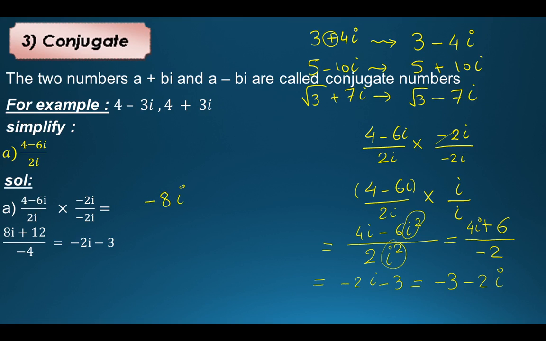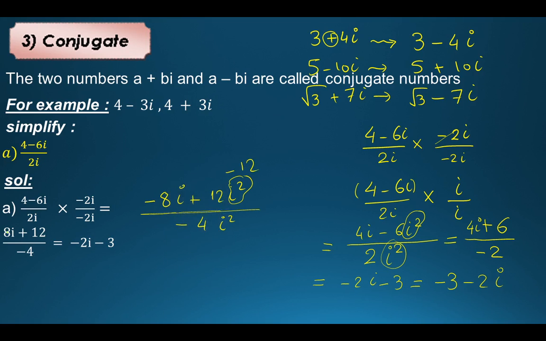Negative 6 multiplied by negative 2 equals positive 12i to the power of 2. 2i multiplied by negative 2i is positive times negative, so negative 4i to the power of 2. i to the power of 2 equals negative 1, so 12 multiplied by this equals negative 12.